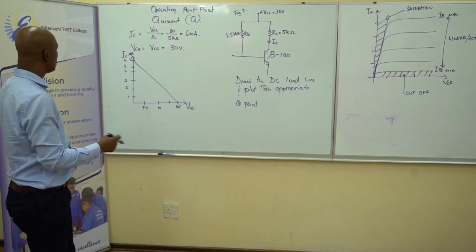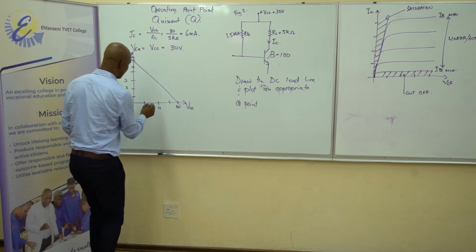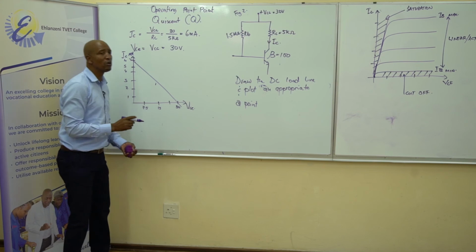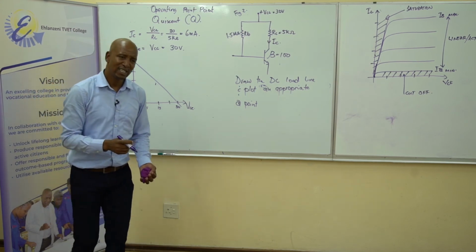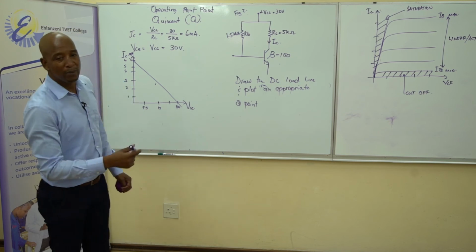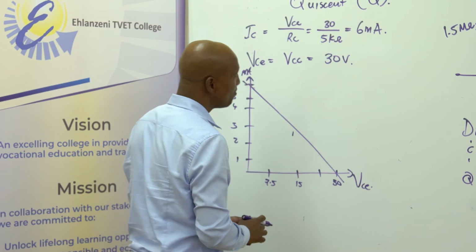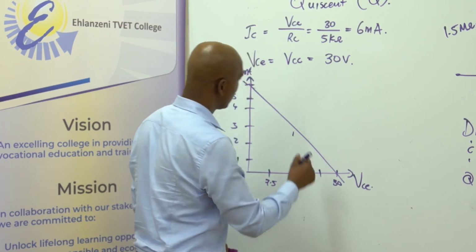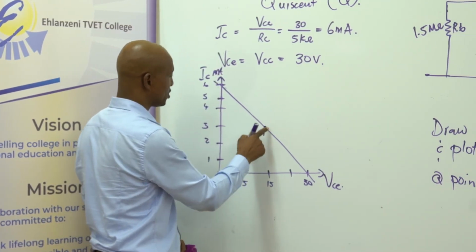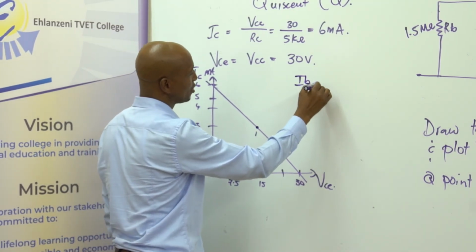So, how do we plot an operating point? Remember we said an operating point is somewhere along VCC, half of VCC, isn't it? But before we go there, we need to find what we call IB quiescent. That is IB according to Q, IBQ.